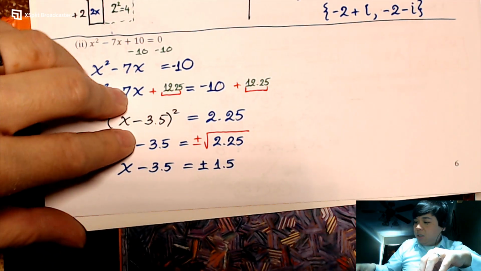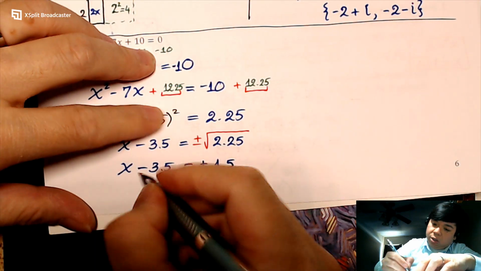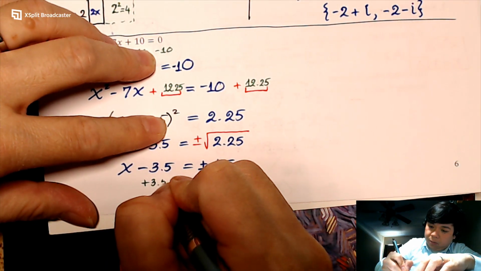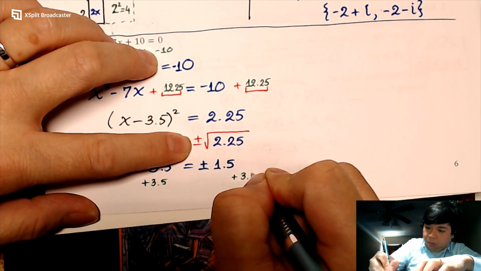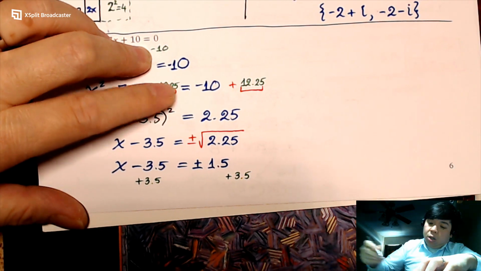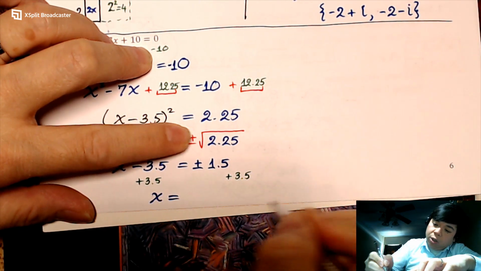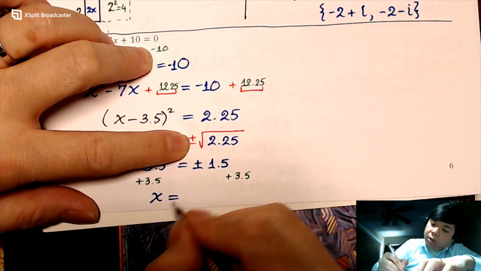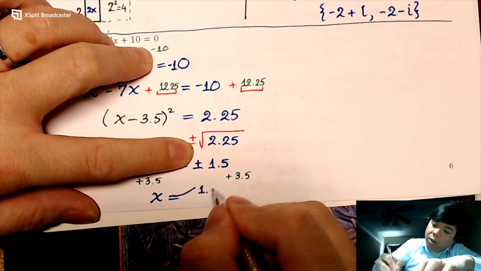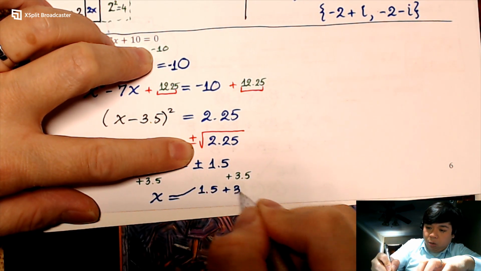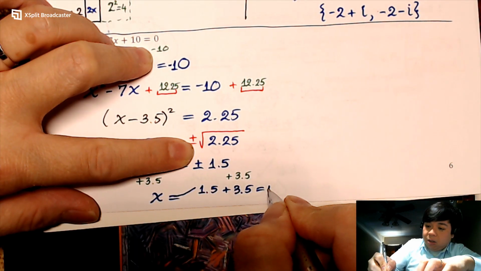And to solve for x, we're going to add 3.5 on both sides. So x equal to 1.5 plus 3.5, so that is 5.